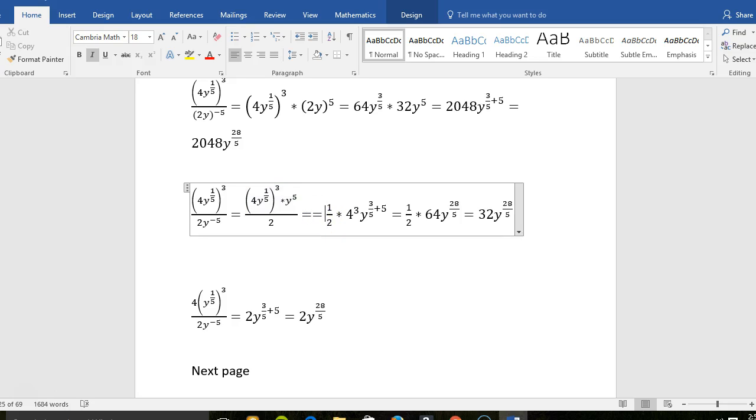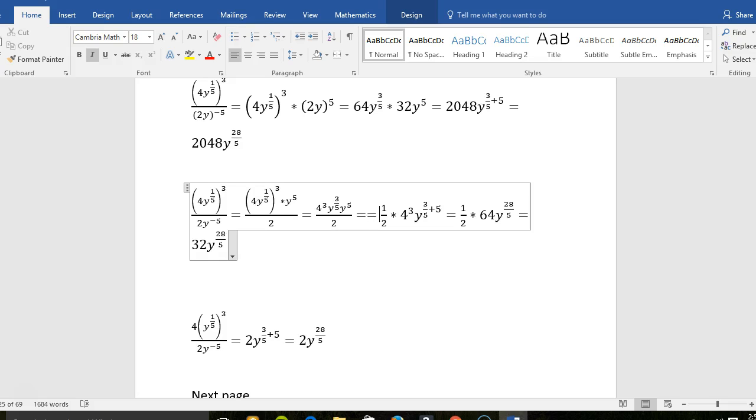So a bunch of steps got skipped there. So there's our 2. Again, it's 4 cubed. We know y to the 3/5, like that. And then don't forget, we've got a new guy in town, times y to the 5th power. And this is all understood to be times: 4 cubed times y to the 3/5 times y to the 5th. And then you can break that up.